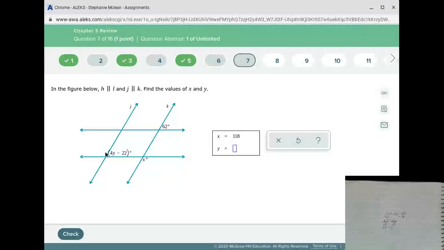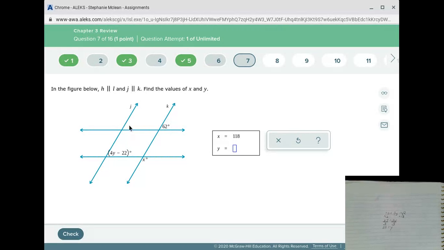Now I need to know the value of this right here, this 4y minus 22 degrees, because I need to set this equation equal to something to solve for y. So if I take this line and lie it on top of this line right here, I can see that X would lie right here, okay?